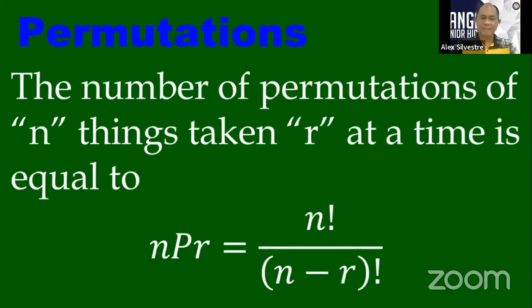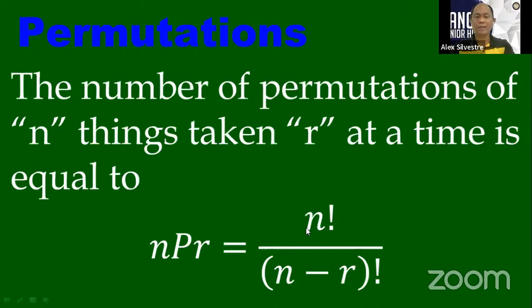The number of permutations of n things taken r at a time is equal to, and this will serve as our formula, n factorial divided by n minus r factorial. So this is the formula we will use: n taken r at a time.